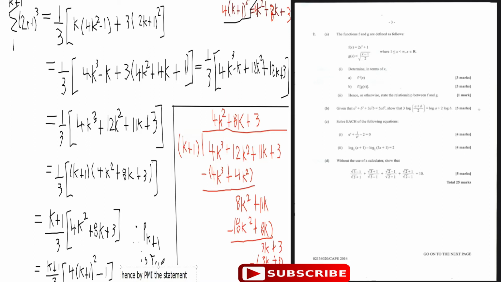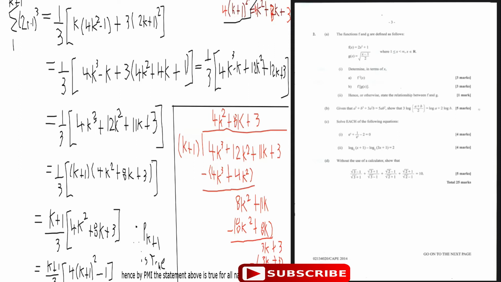That's your conclusion. This is step 4. Always write your conclusion. Hence, by PMI, the statement above is true for all natural numbers.